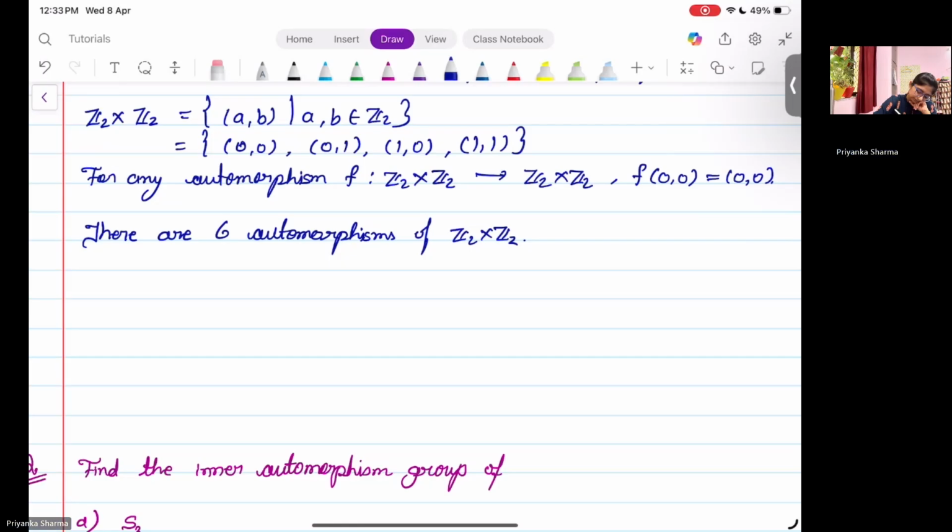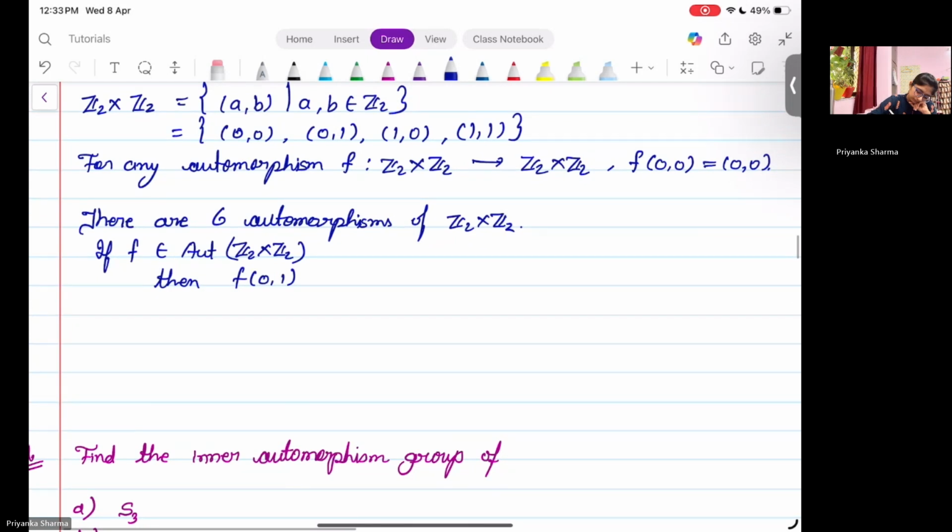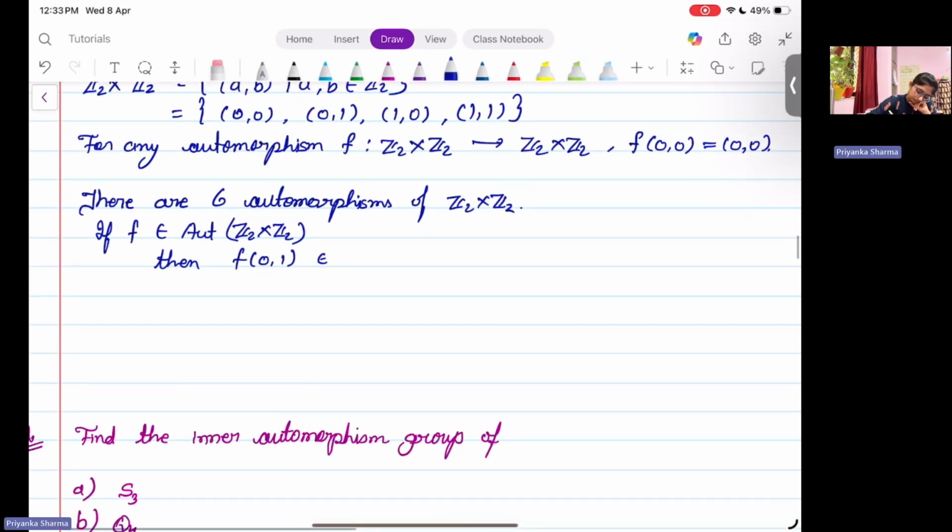If F belongs to Aut Z2 cross Z2, then F of 0, 1 can belong to 0, 1, 1, 0, 1, 1.